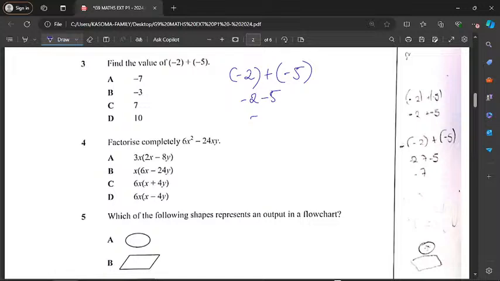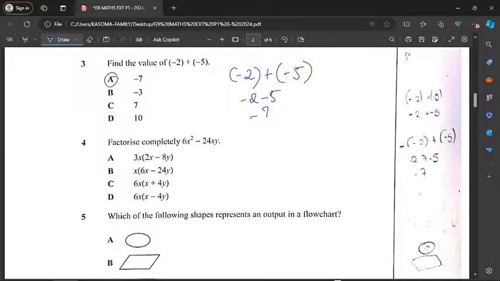Then we combine 2 and 5, which gives us 7. We ignore the signs. Even if the signs were opposite, we could just subtract without considering the signs. So the correct answer is negative 7, which is A.